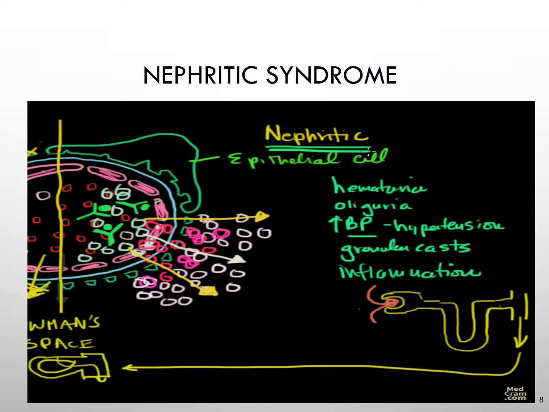Now, this leads to all of your red cells spilling out, so you have an increased red cell loss. And because it's an infection, you have a lot of white cells coming to the area too, which are also coming out in the urine.